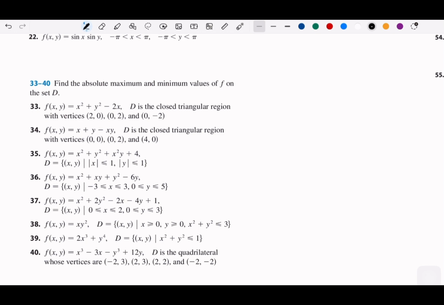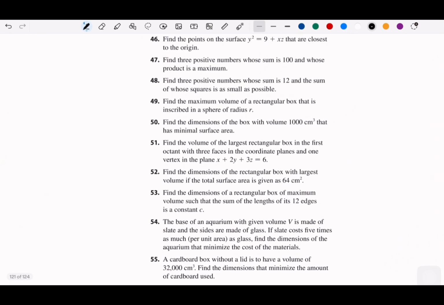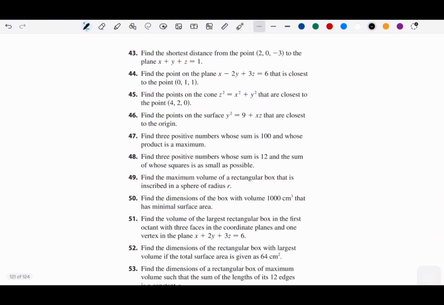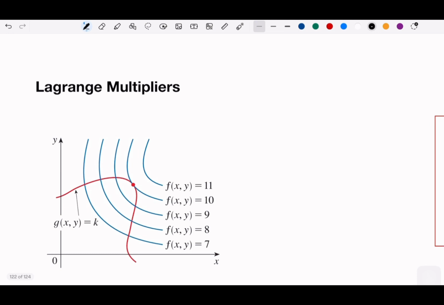And another part of the questions is this kind of question here. Find the shortest distance. Find the points that are closest to the origin. This is also a maximum minimum value problem. I will try to review this next week, okay? But now, let's move to what we call Lagrange multipliers.